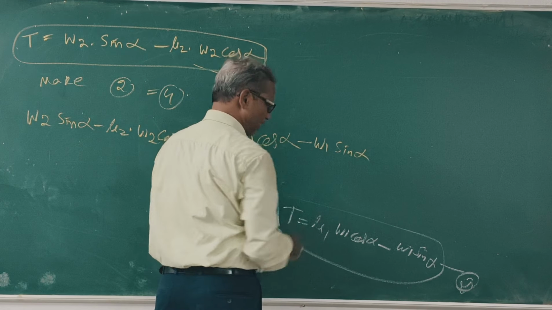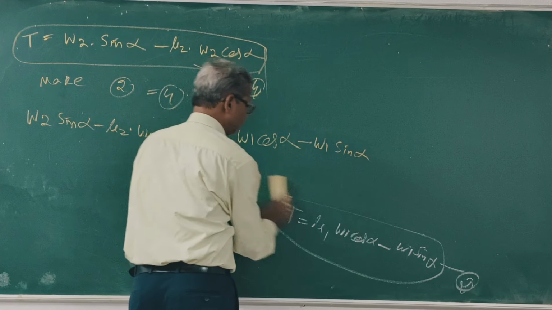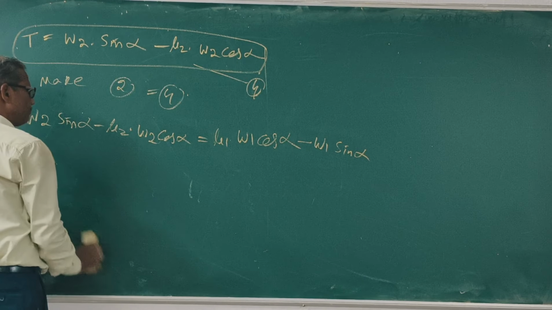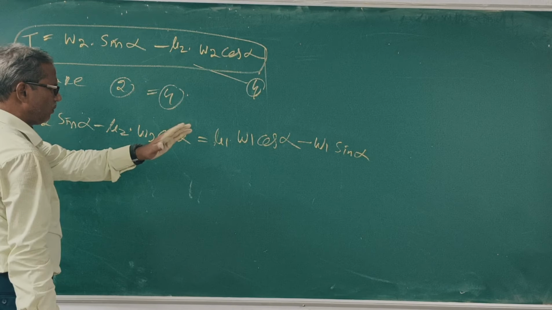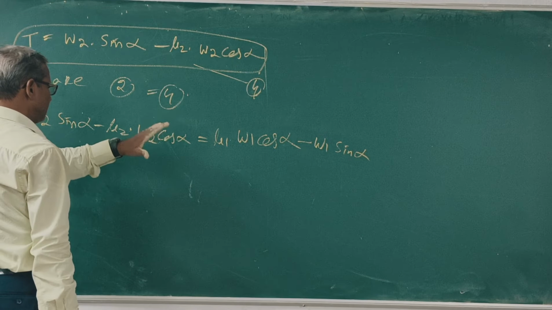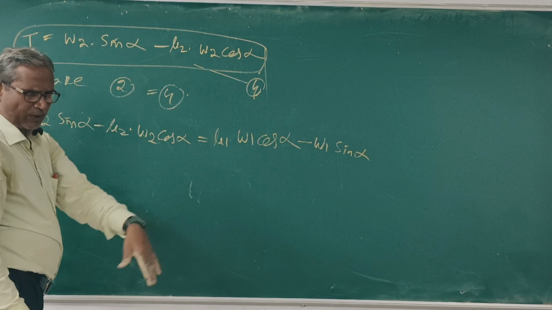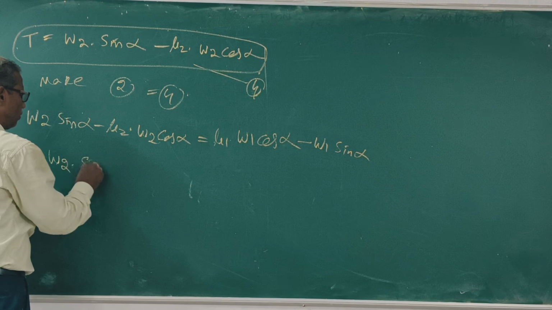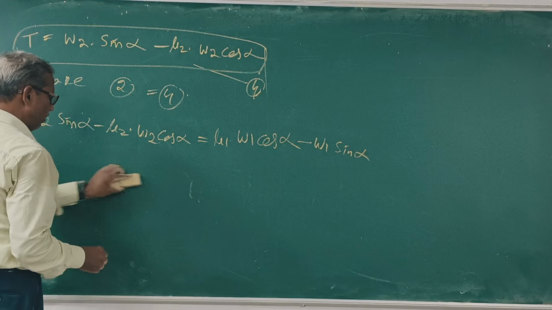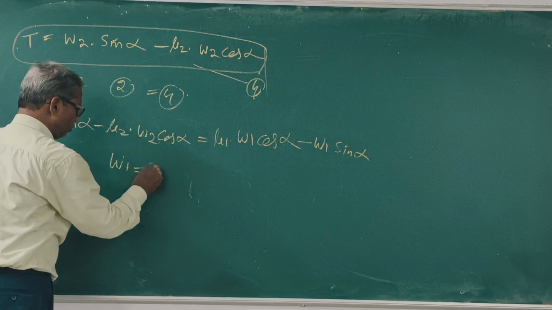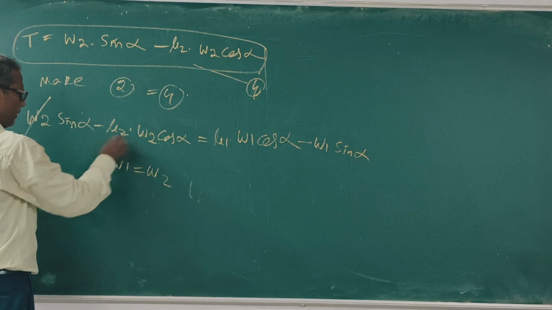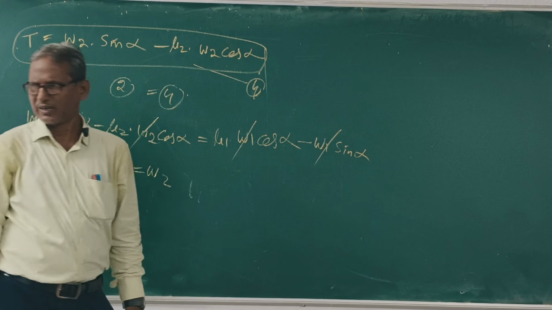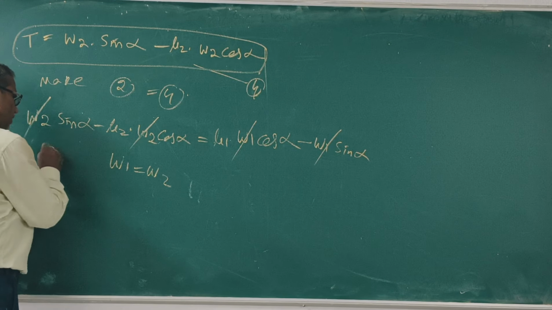Clear? Now bring cos alpha to another side. Given W1 is equal to W2 is equal to 50 Newton.